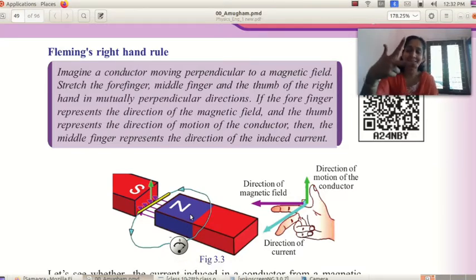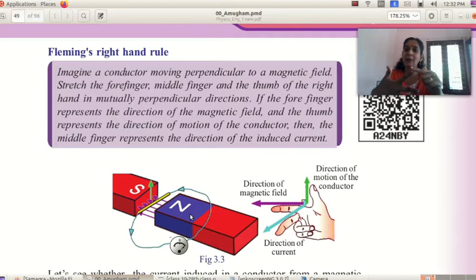If we stretch our right hand fingers like this, stretch the forefinger, middle finger and the thumb in mutually perpendicular directions, this forefinger represents the direction of magnetic field.